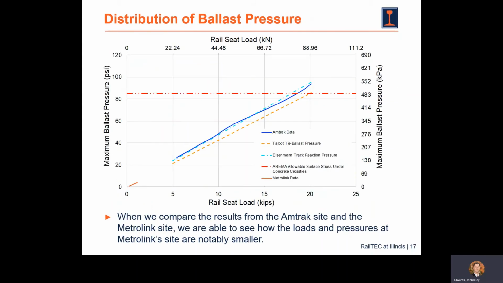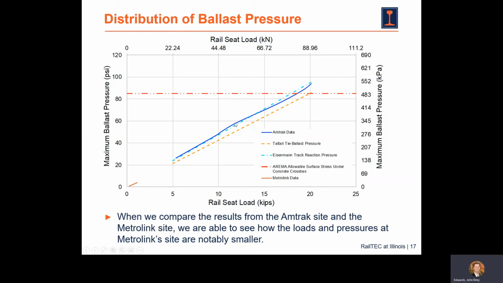This is an interesting graphic that shows us the distribution of ballast pressures for both field sites. The Metrolink data that I just showed you from St. Louis are down here, very low pressures and low rail seat loads. The Amtrak data are shown in blue, and we've also thrown on here some predicted pressures based on Eisenman and Talbot, and also drawn on here the ARIMA allowable line once again.